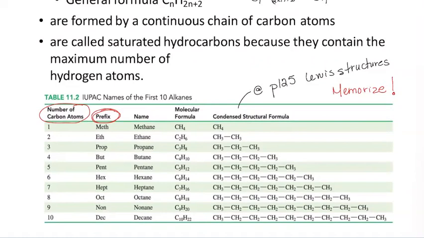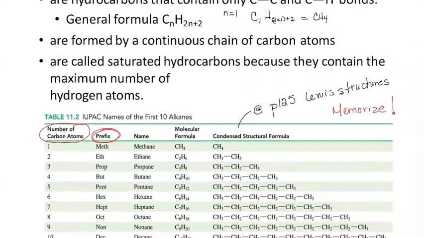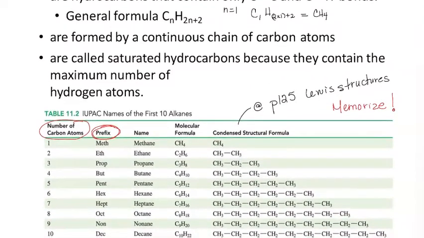So the molecular formula here that you see on the 4th column is given by the equation that I have here on the top. So let me just make that note. This molecular formula is when we use CnH2n+2. And if n equals 1, you get CH4.